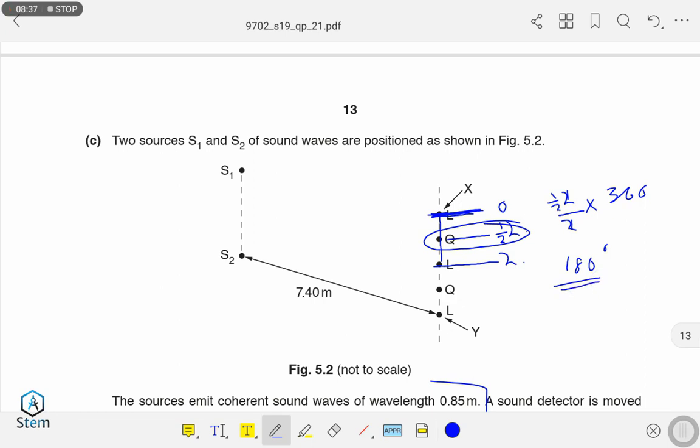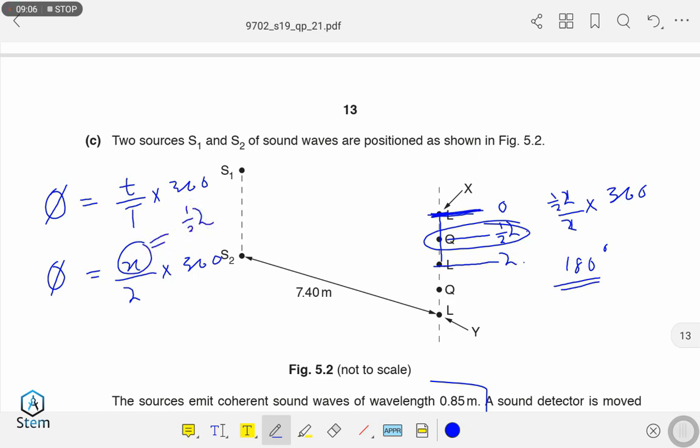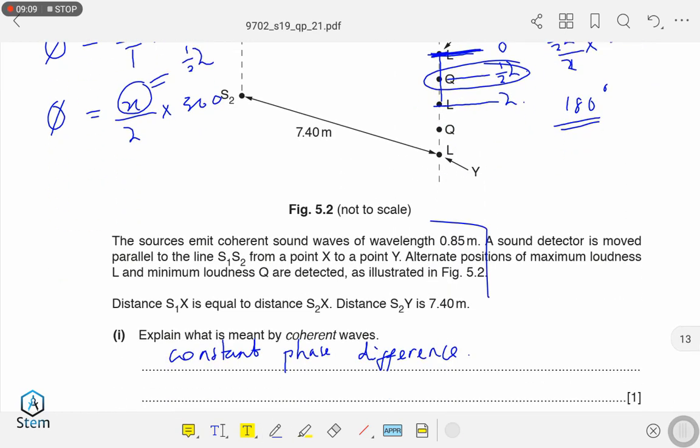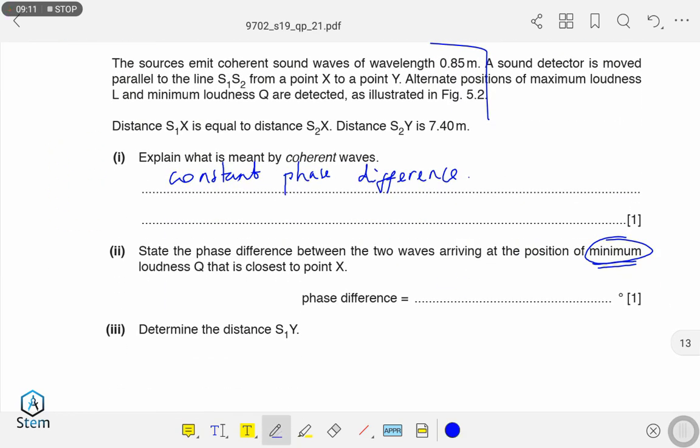Remember the equations for phase difference. We have phi equal to t over period times 360. We also have phi equal to x over lambda times 360. And in this particular question, our x was equal to 1/2 lambda. Perfect. So the phase difference is 180 degrees here.